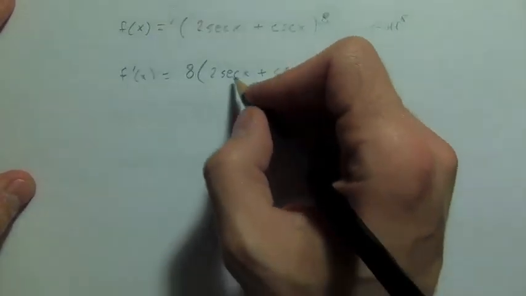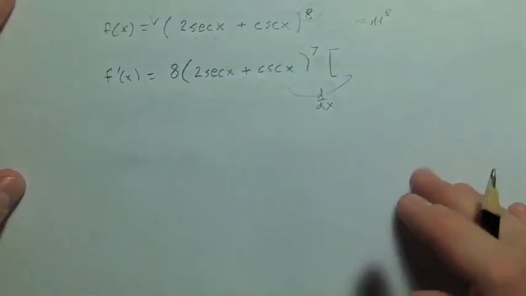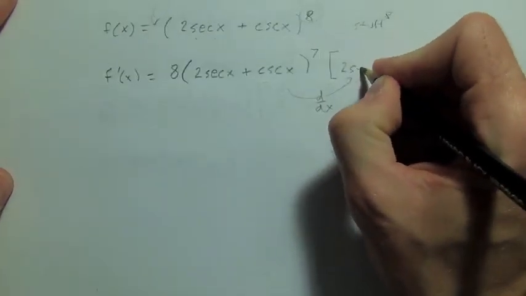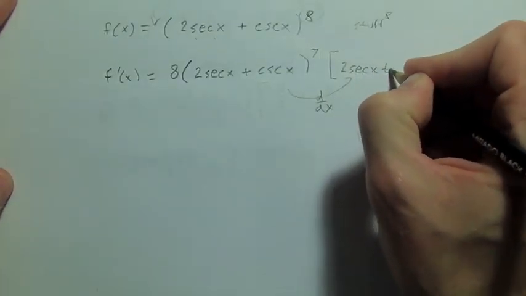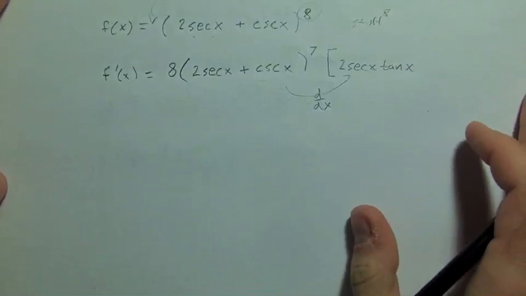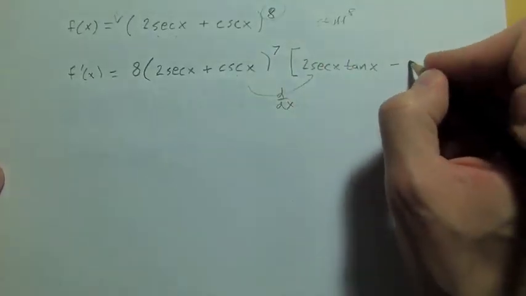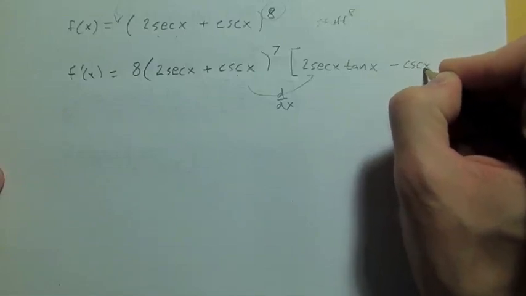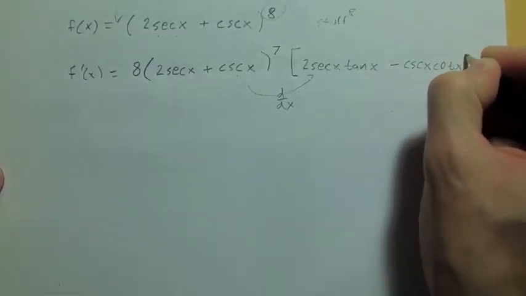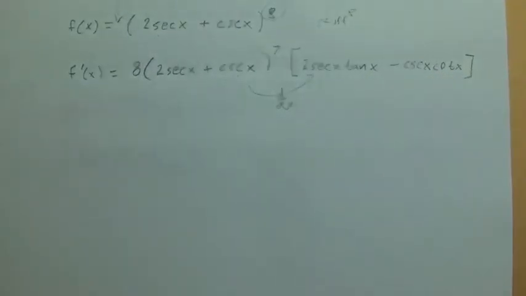So the derivative of 2 secant x, well, that's going to be 2 secant x tangent x. And then the derivative of cosecant x is going to be negative cosecant x cotangent x. And that's that. I would leave this one like so. There's no reason to simplify this one any further.